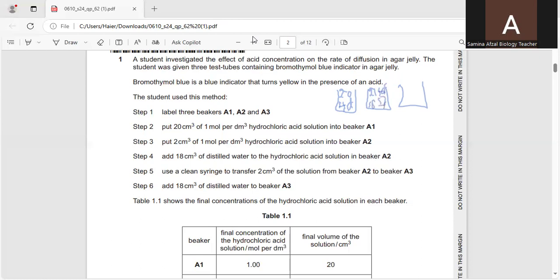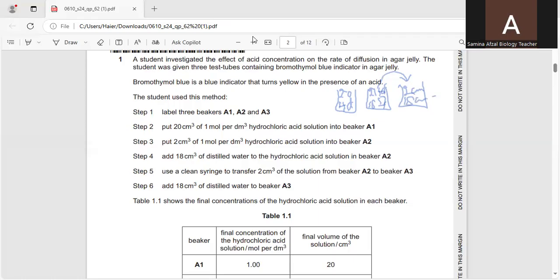And in the third, he took 2 cubic centimeter from A2 and added 18 cubic centimeter of distilled water. It means the concentration of the hydrochloric acid decreases from A1 to A3 beaker.